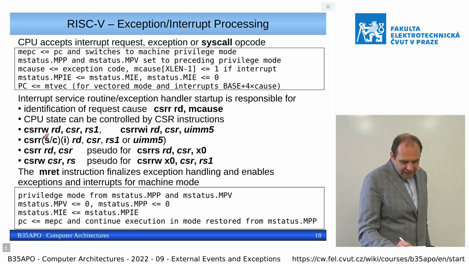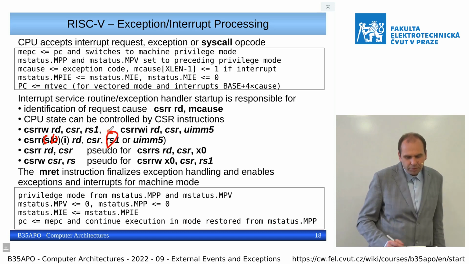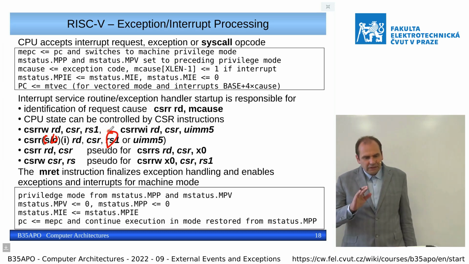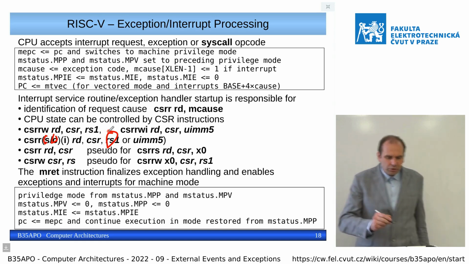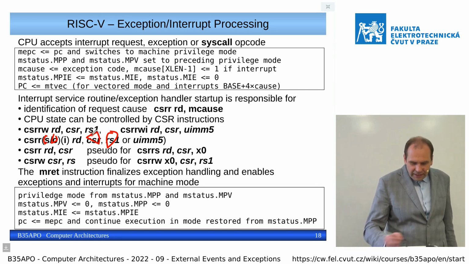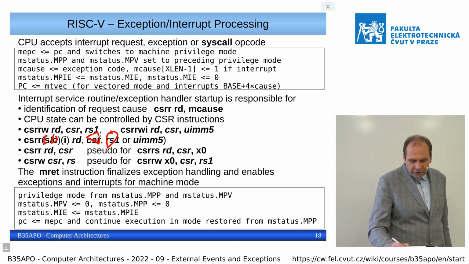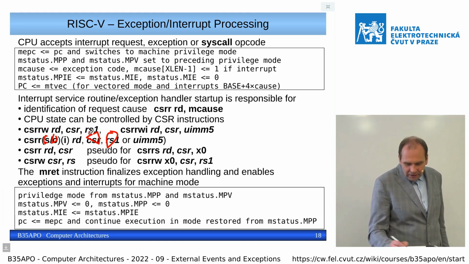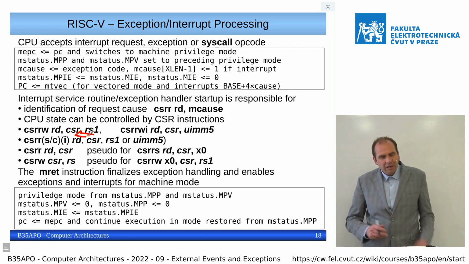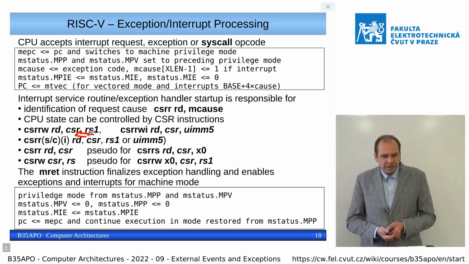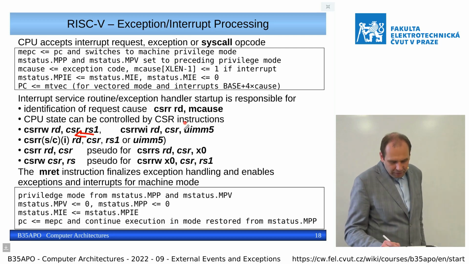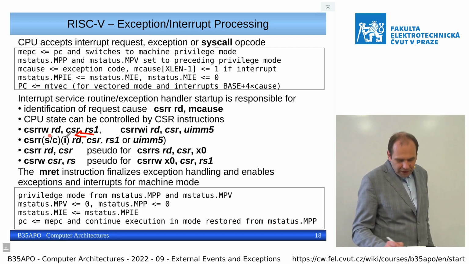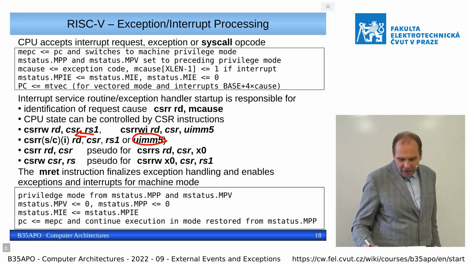We have there the option to do a set and clear. So basically you can provide a general purpose register which defines a bit mask which should be cleared or set in the control status register. And you can read the previous value. So you, for example, can disable the interrupt, but get the information what was the previous state of the interrupt enable. You can even use those combinations to set or clear bits with an immediate 5-bit value.